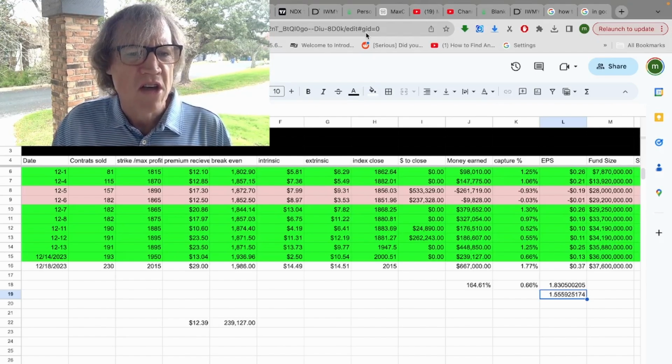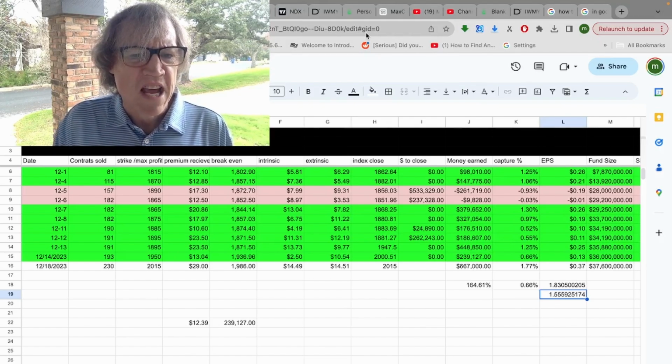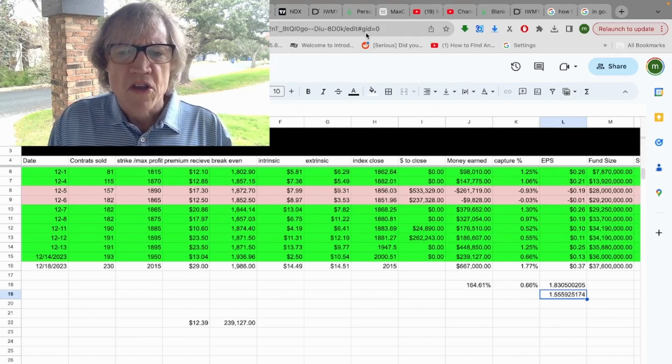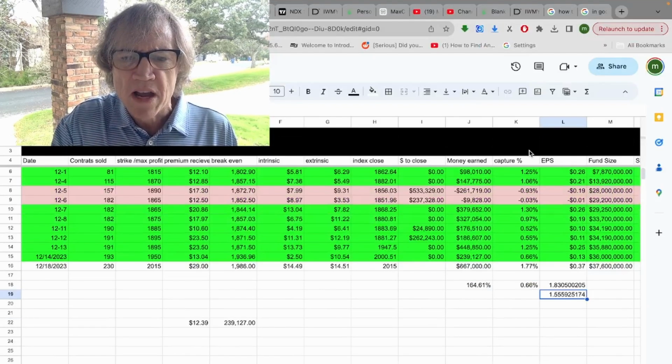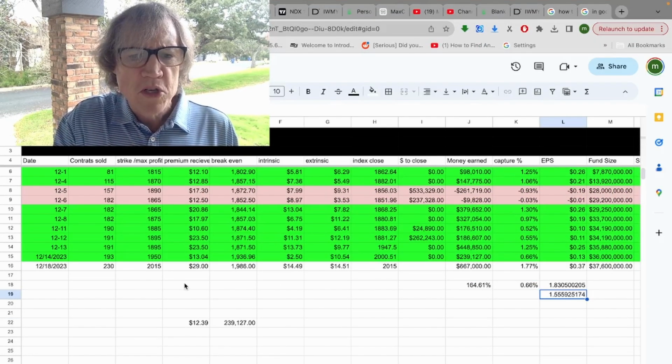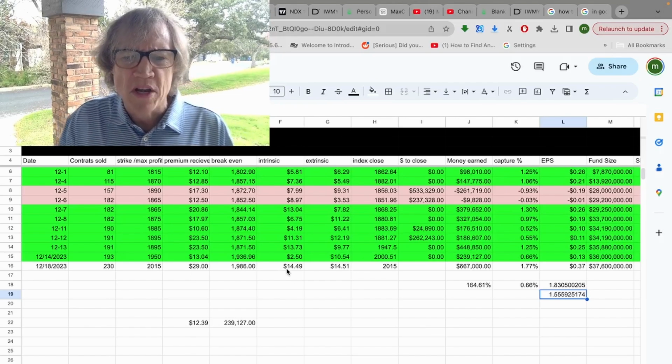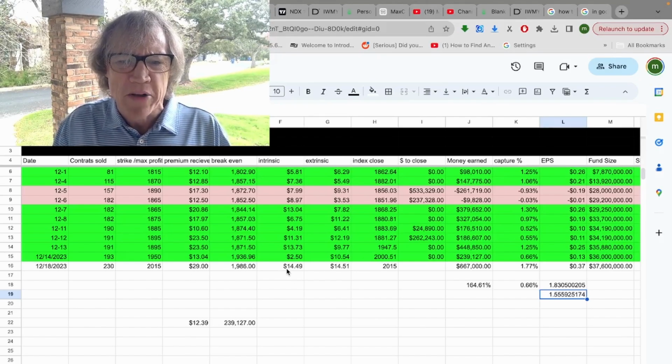If you look at this Russell spreadsheet or IWMY spreadsheet, you can see today they sold a 2015 strike price put. Well, yesterday's close was 2,051. It's right here. So the difference between those two, which is $14.49, is the in the money amount.